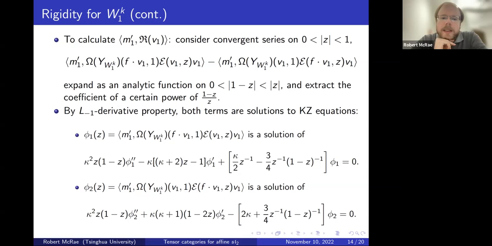You basically realize this matrix coefficient of the rigidity composition as the coefficient of a certain power of some variable in a certain series. And when you evaluate what that series should be, you end up with this kind of expression. It's a difference of two products of intertwining operators. One of them is this evaluation intertwining operator, and the other is this skew symmetrized version of the module vertex operator for WK1.